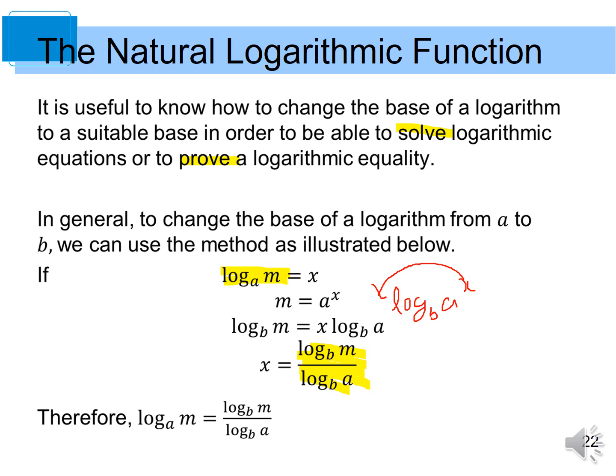As a result, we can write log of m to the base a equal to log of m to the base b divided by log of a to the base b.